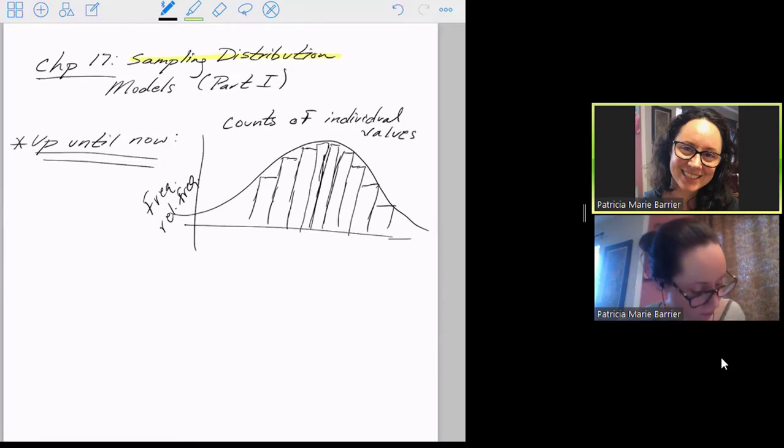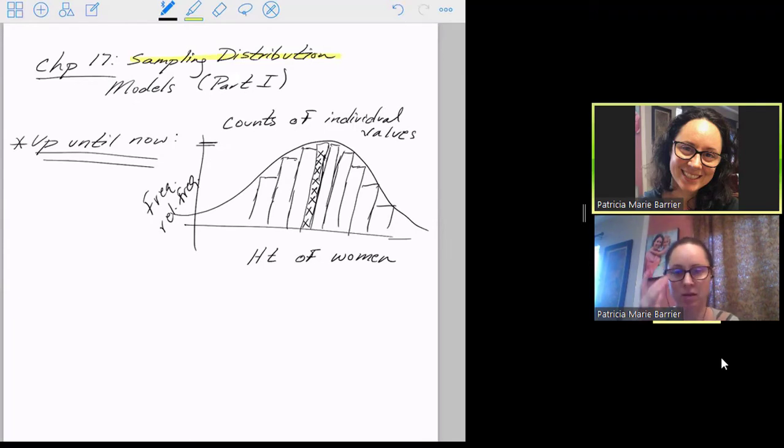For example, if we were looking at a graph of the height of women, every single time there's an occurrence, the height of this bar, the frequency, or even relative frequency, if I had made this into terms of percent, this right here would be referring to the number of women that were whatever this height was.